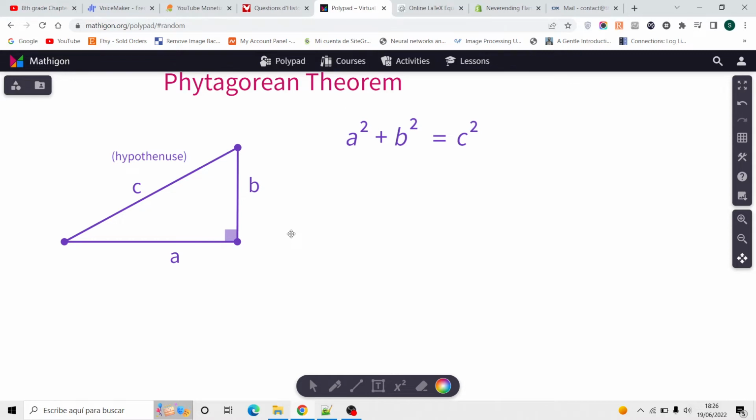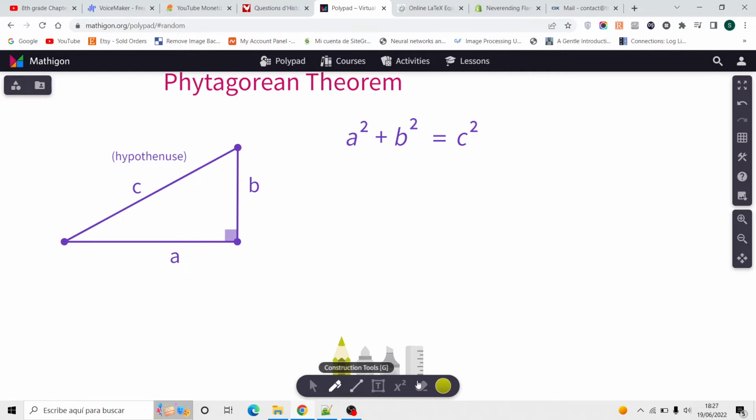So the Pythagorean theorem states that a squared plus b squared equals c squared. So when you take the square of both legs and you sum it up, it equals the square of the hypotenuse. Okay. So let's see an example.